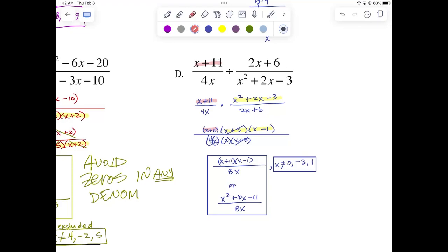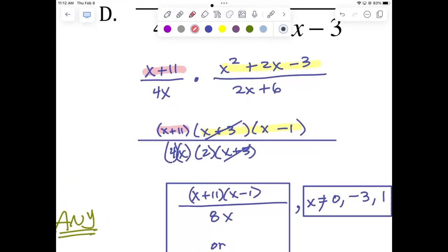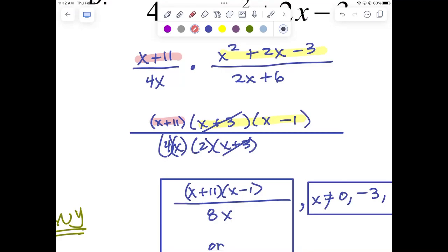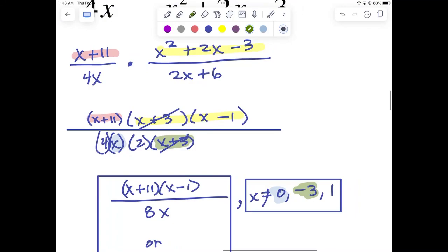Now he's in the top. And then I created a new bottom with the 2x plus 6. So once we have it completely factored out, you notice that I'll use a different color here. When x is in the bottom, that means x can't be 0, correct? When x plus 3 is in the bottom, x can't be -3. And then there was an x plus 3 in the bottom to begin with, but it's already in the bottom, so I don't need to count it twice.